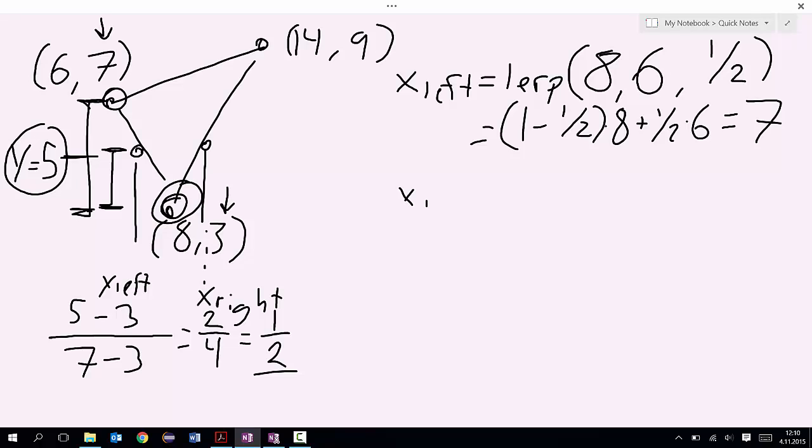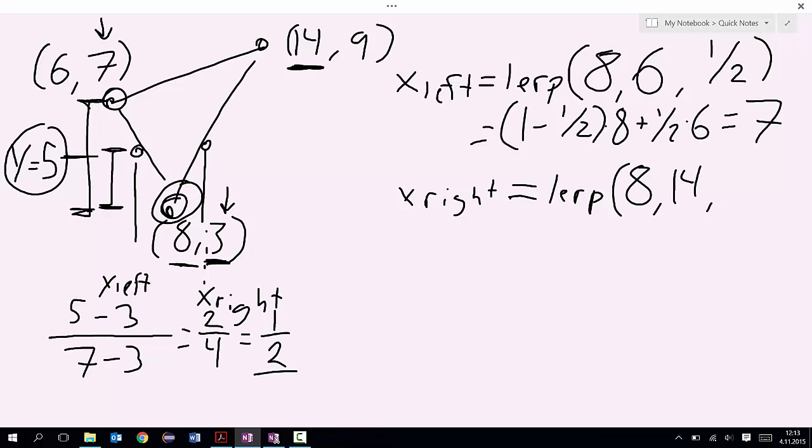And we have x right, which equals the linear interpolation between the x value of P1, which is 8, and the x value of P3, which is 14 now. Then we have a parameter, and we need to find that parameter from the y value of P1, the y value of P3 here, and how far along we are.